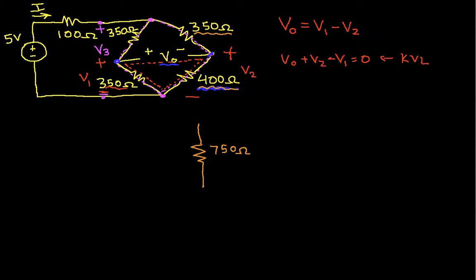Let's see, what's another beautiful color we haven't used. Okay, now I have a 350 ohm resistor in series with another 350 ohm resistor. That equivalent resistance is going to be 700 ohms. And I can connect this to the stuff that I haven't changed.